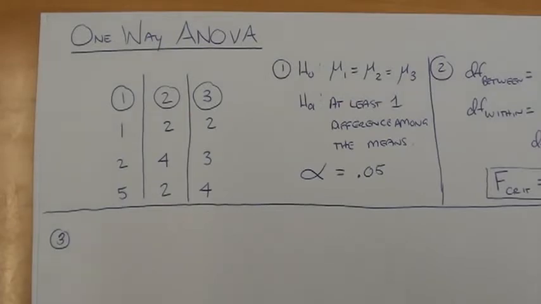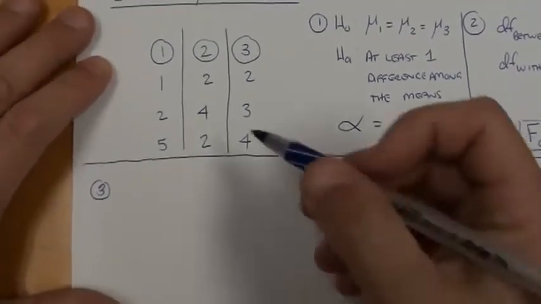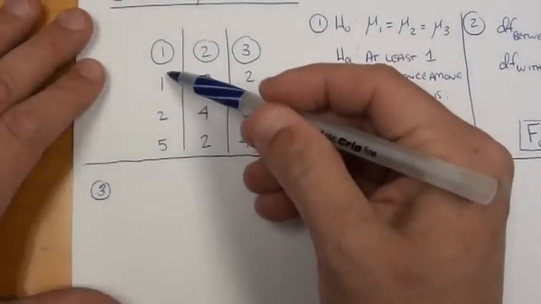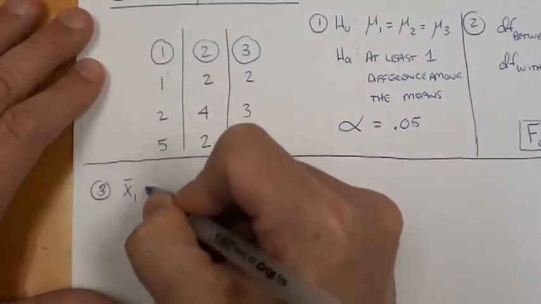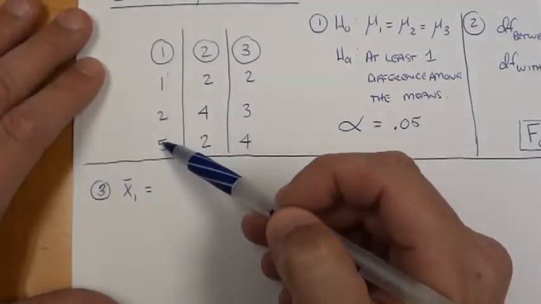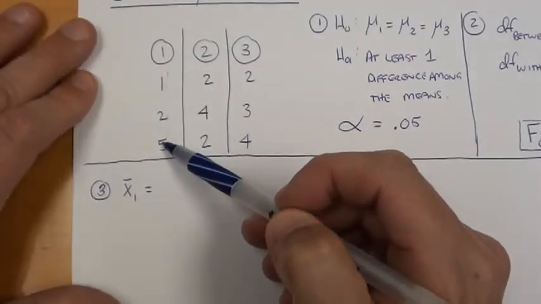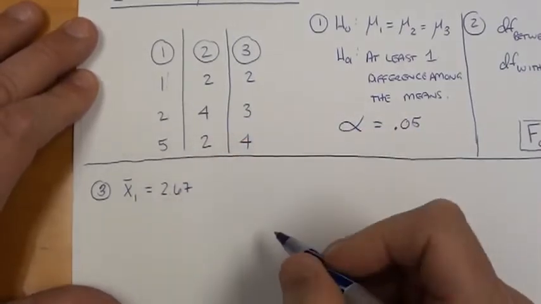But the first thing that we need to do is actually calculate a mean for each condition. So for each condition, we're going to calculate the mean. For group 1, the mean is equal to 1 plus 2 plus 5 divided by 3, and that's going to give you a value of 2.67.